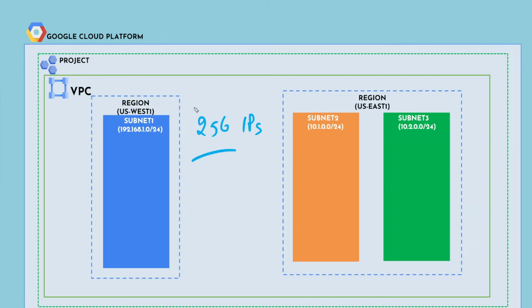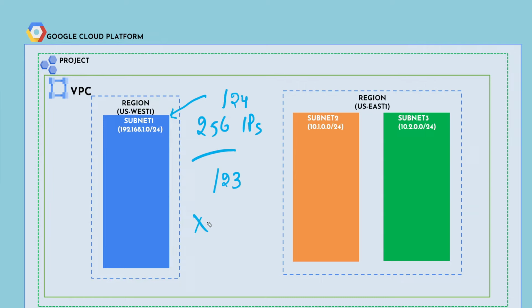You could just edit this subnet or any subnet and extend the range. Let's say currently it is a /24 mask. You could just edit it to have more IP addresses; you can use a /23 subnet mask, or anything less than that. It will give you more IP addresses. Just keep in mind you can only extend the IP range, but you cannot delete it and you cannot shrink the IP addresses.